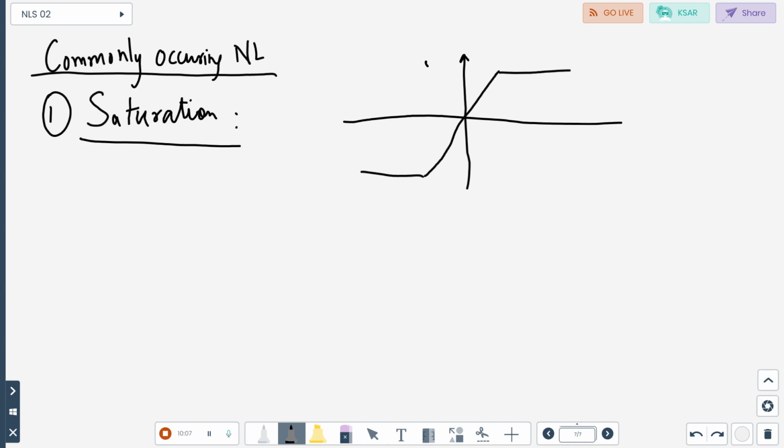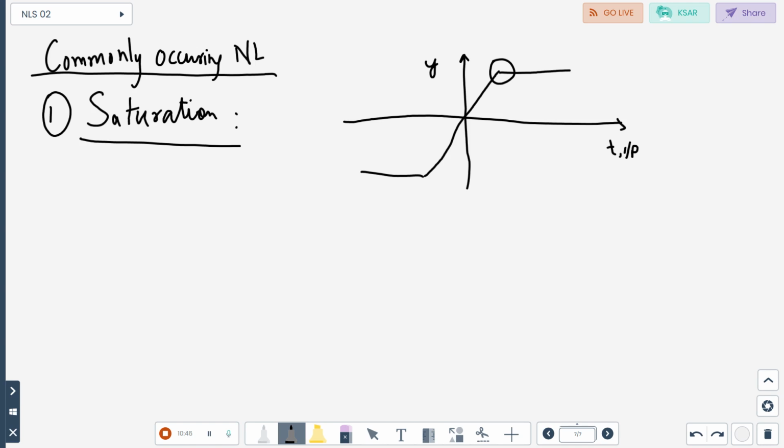You can see, if this is your output and this is time or input, whatever be the case, after a certain period of time or after a certain input range, the output does not change with respect to either the time or the input any longer, and the output saturates. I've shown a very fast transition from a linear variation to constant.